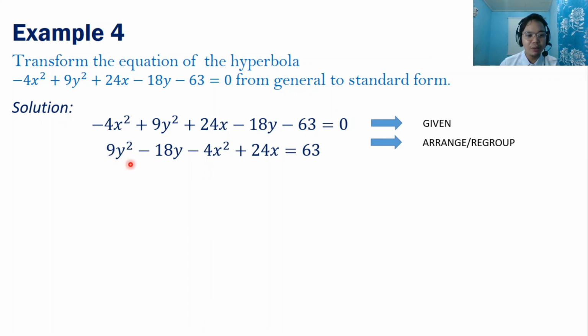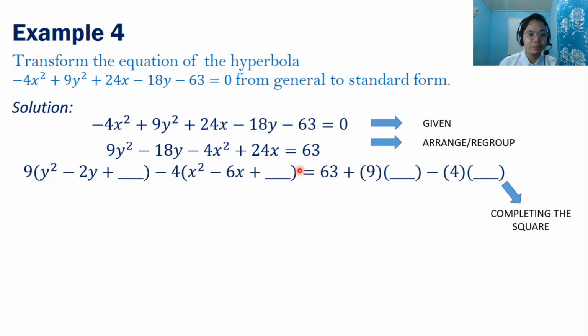So, we have 9y² - 18y. So, i-arrange na natin sila. Then, -4x² + 24x = 63. So, yung 63 natin, lumipat sa kabila. So, naging positive siya. Then, completing the square. So, sa completing the square, di ba, we cannot have a other than the value of 1.